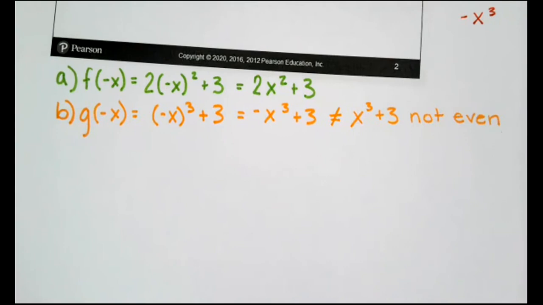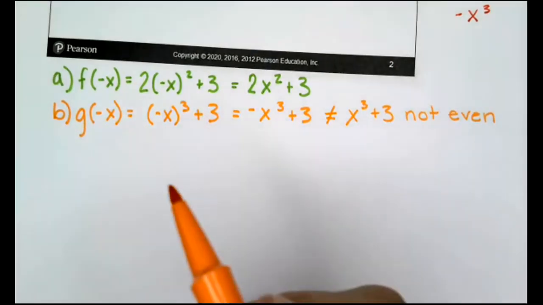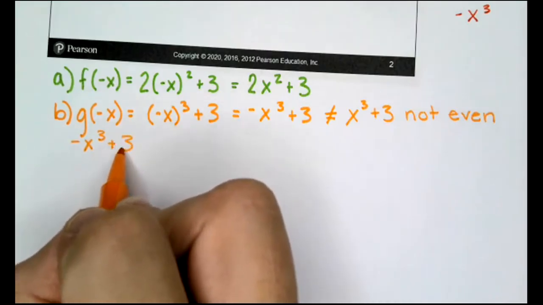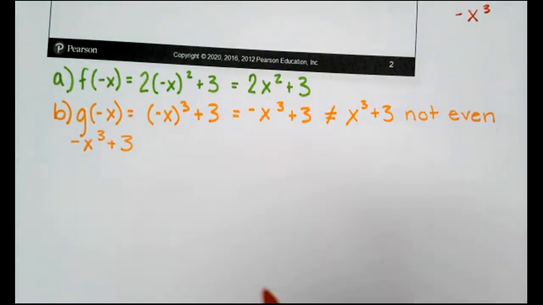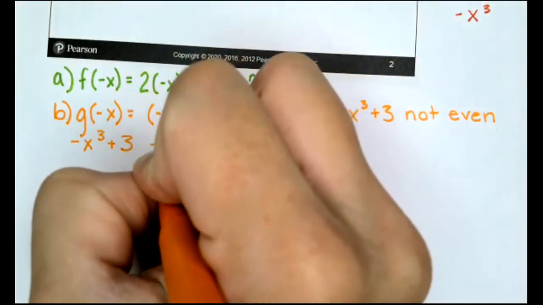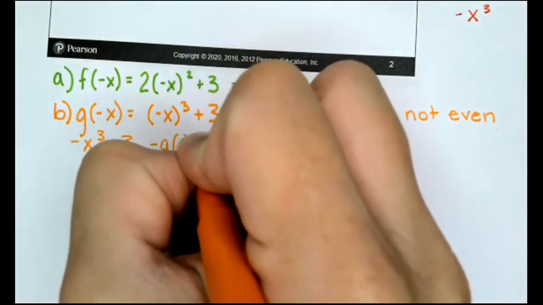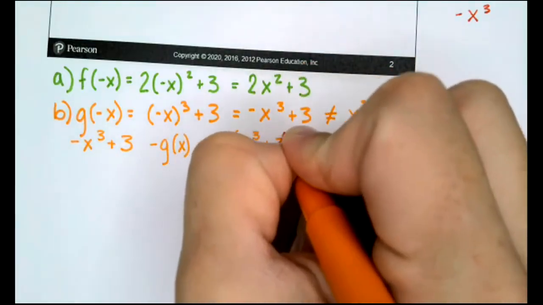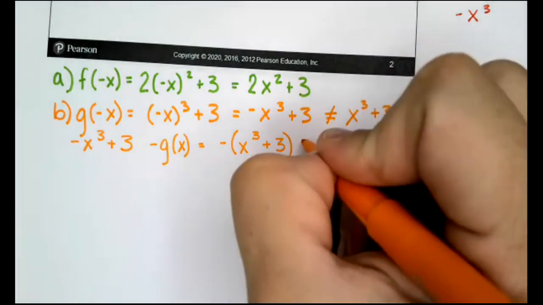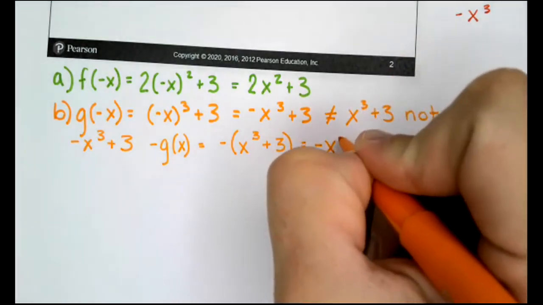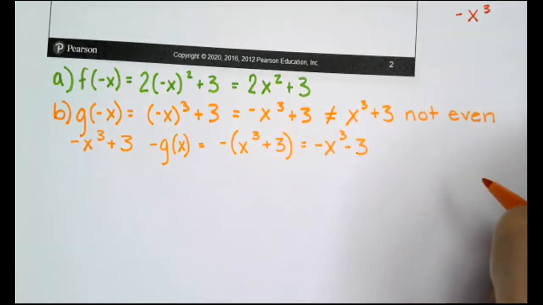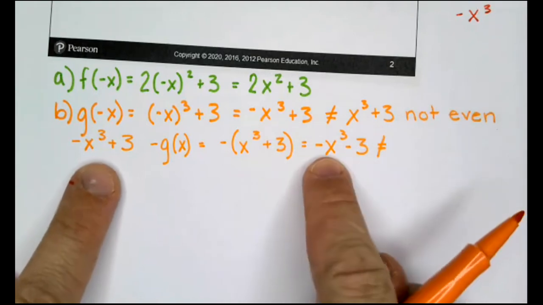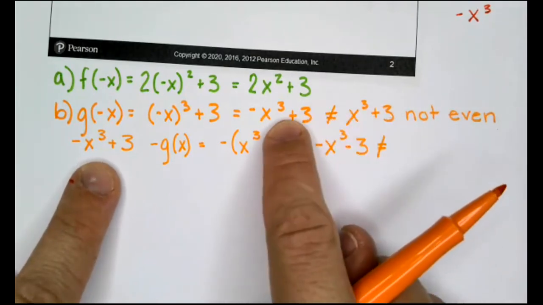Let's see if it's odd. So g of negative x ends up being negative x to the third plus 3, and negative g of x looks like this: negative of x to the third plus 3. So we distribute that negative: negative x to the third minus 3. That is not equal to this one, right?